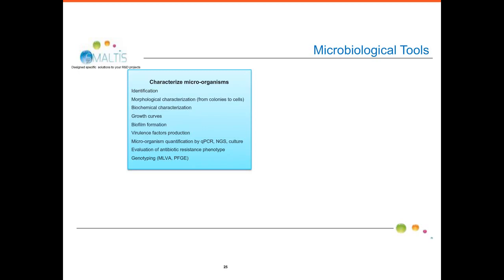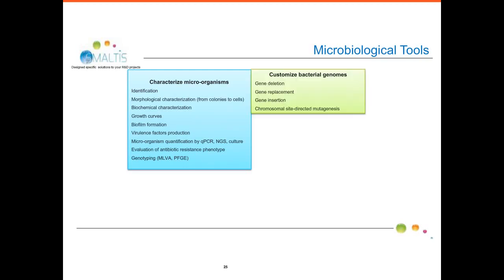Then, when microorganisms are identified, we're able to characterize some of their properties, such as their growth rate, their antibiotic resistance phenotype, or their capability to produce virulence factors. We can also discriminate several microorganisms by using genotyping methods such as pulse field gel electrophoresis or the MLVA method.